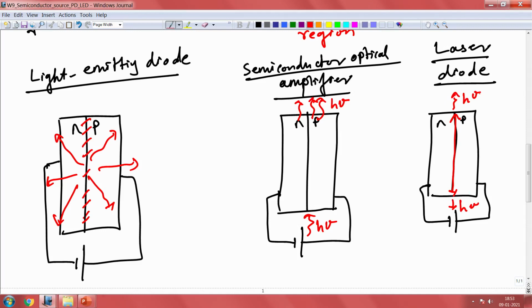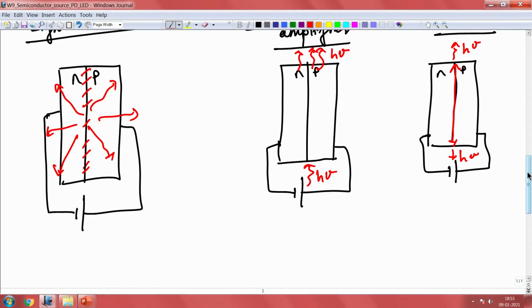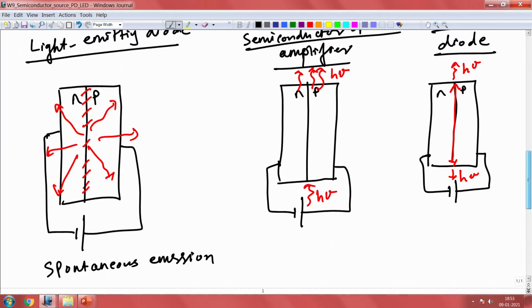So, this is what the laser diode is all about. A light emitting diode primarily is a spontaneous emission process. It is spontaneous emission that you see in an LED structure.